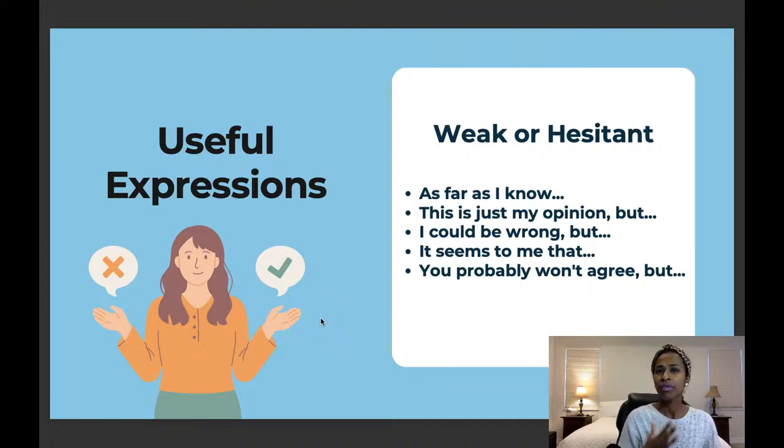It's like you don't want to actually give your opinion per se, but you still want to say something. And then you say, as far as I know. It's like you have your opinion, but you don't want to actually share it, or you want to be in the middle of the situation. So, as far as I know, this is just my opinion, but then you say it.